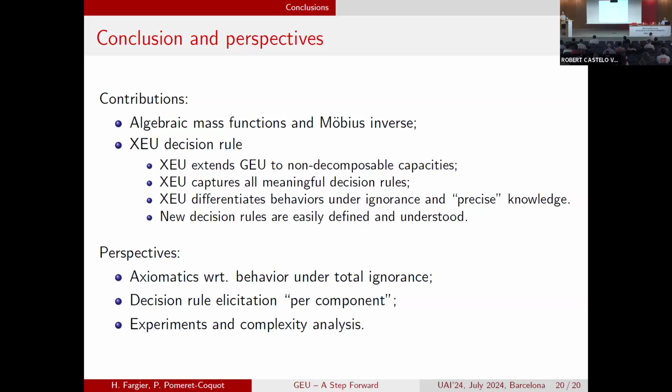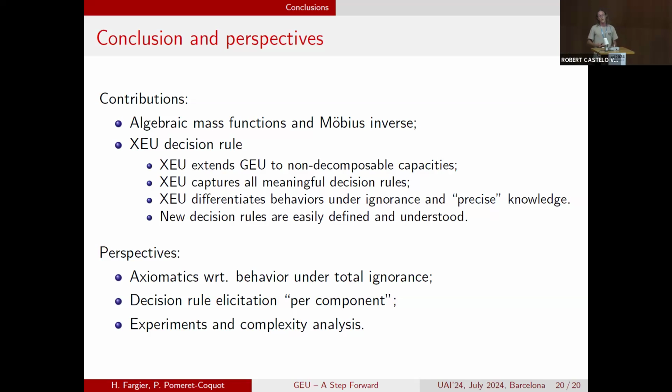As perspective, we aim to study how axiomatics can benefit such a framework, and in particular, we think about a set of axioms for ignorance management and another set of axioms for decision with precise knowledge. In the same vein, we aim to see how we can do decision rule elicitation, with a method for ignorance and a method for decision with precise knowledge.